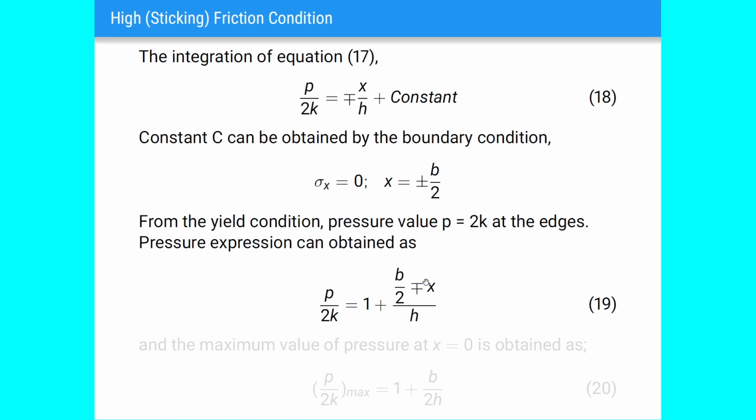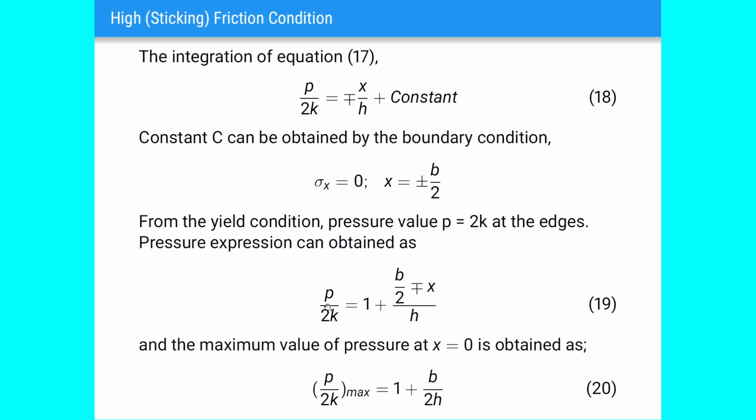The minus sign corresponds to the right hand side and the plus sign corresponds to the left hand side. The maximum value of p upon 2k will be at the center, which can be obtained by putting x equal to 0. The maximum value of p upon 2k would be 1 plus b upon 2h.